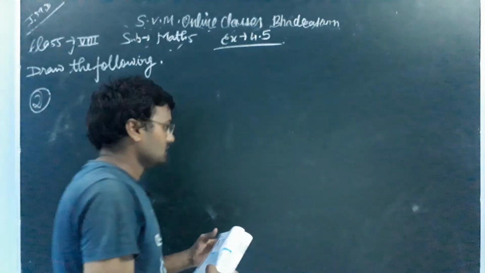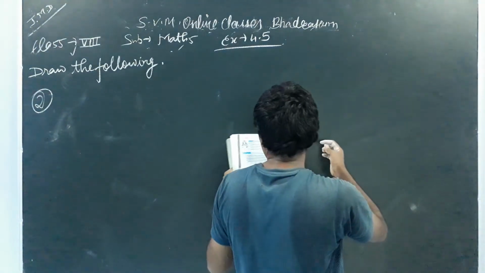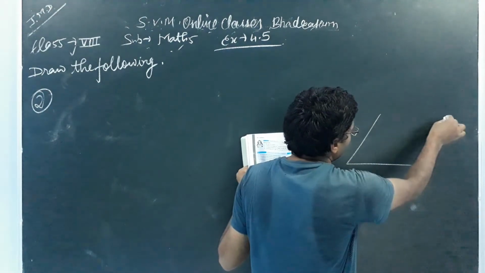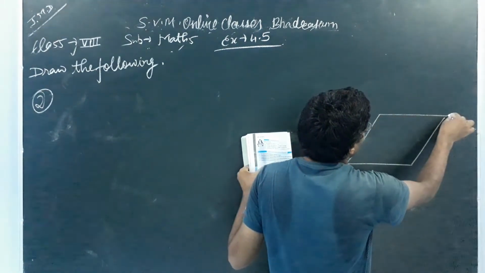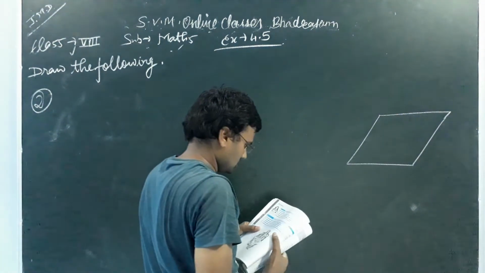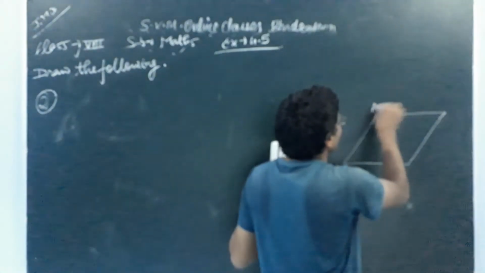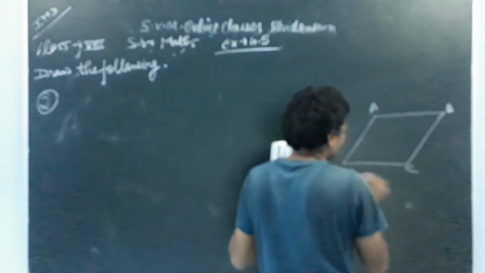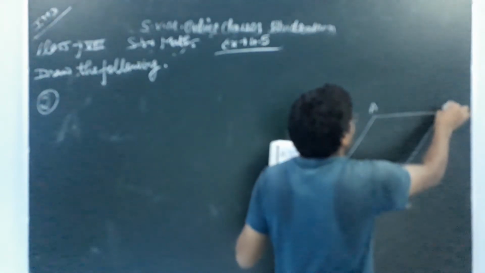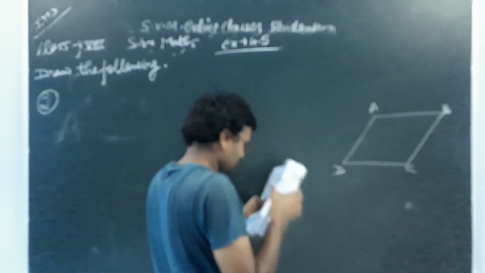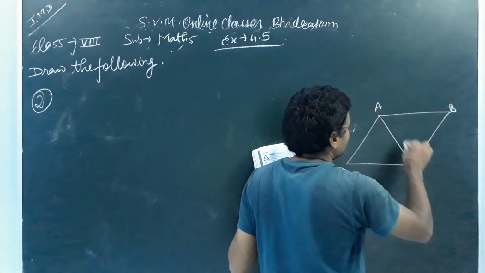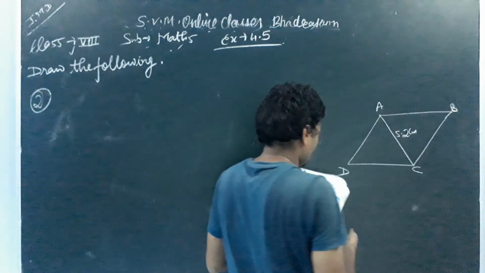Okay, good. So let's move towards a rhombus. Actually this is our rhombus, all sides are equal, and its name is ABCD. The rhombus has diagonals of 5.2 centimeter, the smaller diagonal, and 6.4 centimeter, the bigger one.